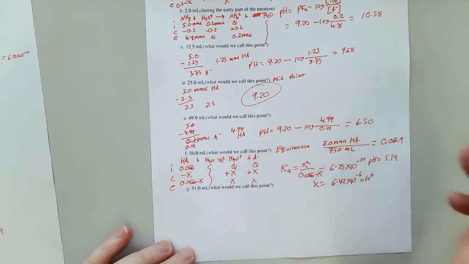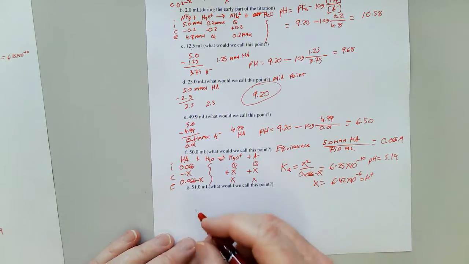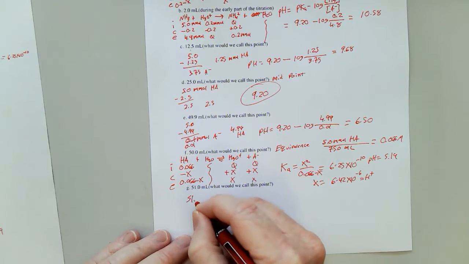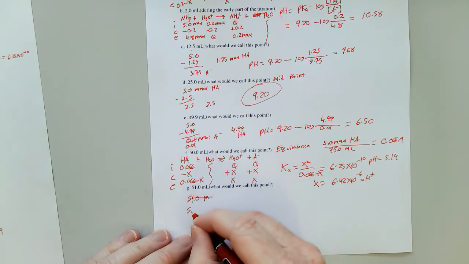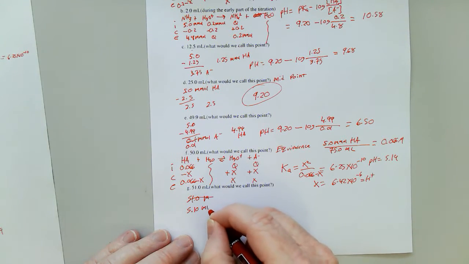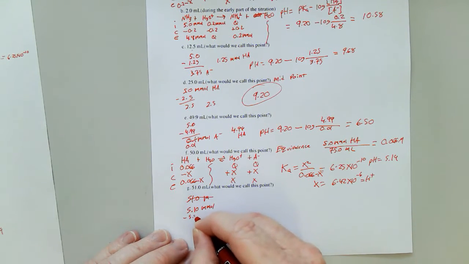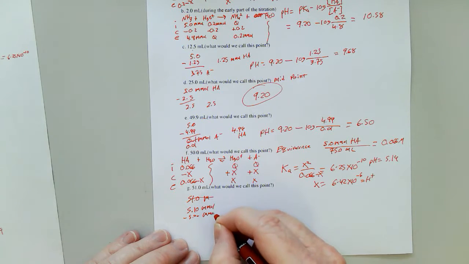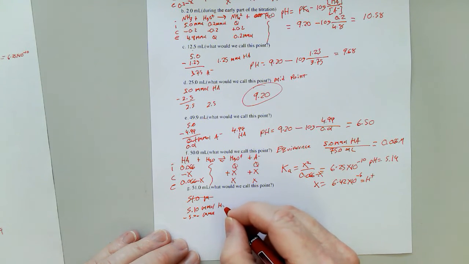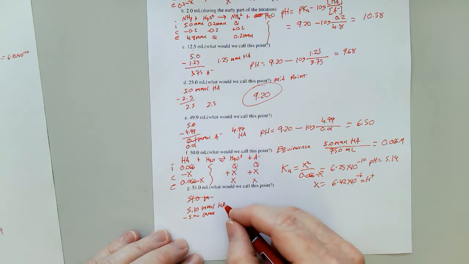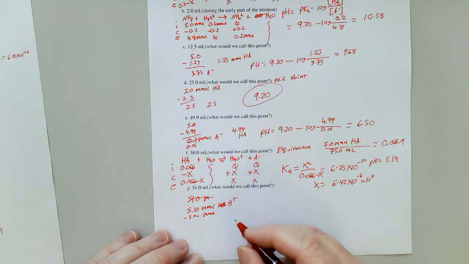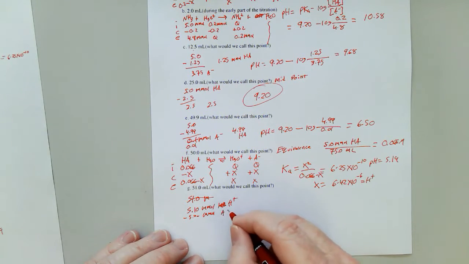Now, what if I just added excess acid, 51 milliliters? Well, I can do the same thing, 5.10 millimoles minus 5.00 millimoles. This is the HA. This one's just H plus, apologize. And this is the A minus.